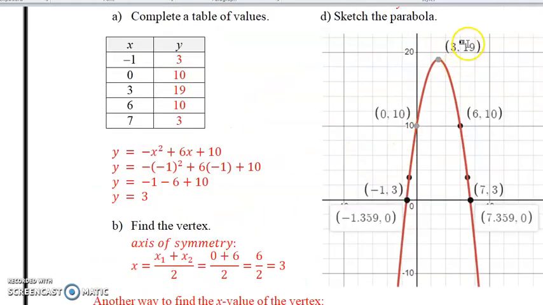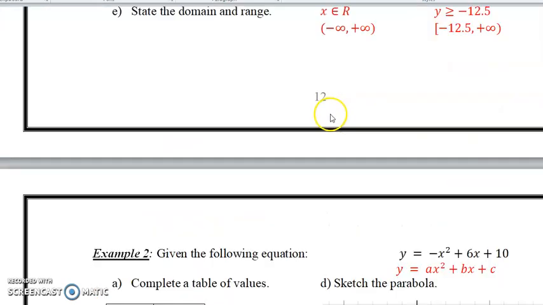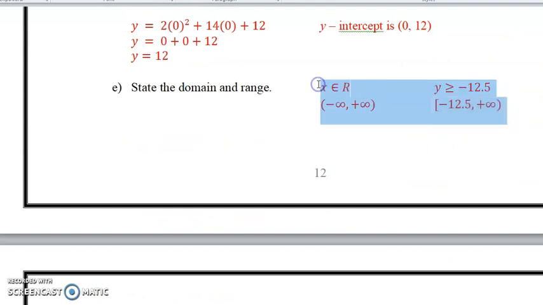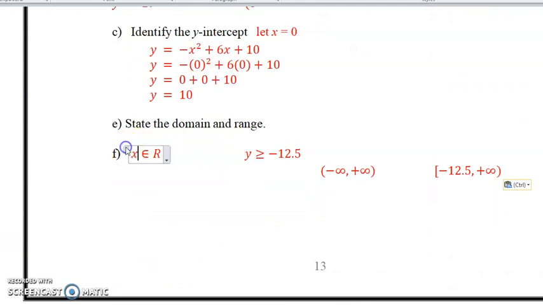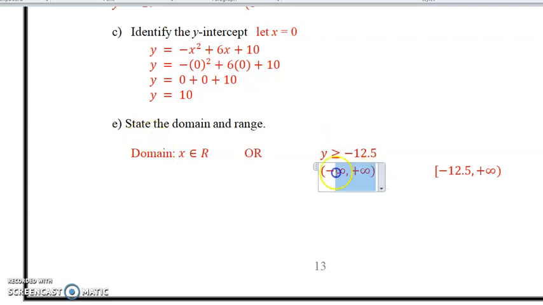Sometimes you want to see the graph. Now, this goes up as high as 19 for the range. Remember, the range is the y values, and the x values are the domain. So I can steal the domain and range here, and I'll just update them for our question. So I'm going to steal these for a minute. All right. So domain, we can write it like this, or we can write it like this.